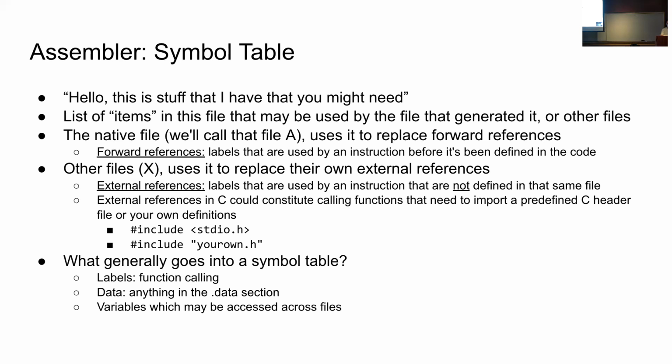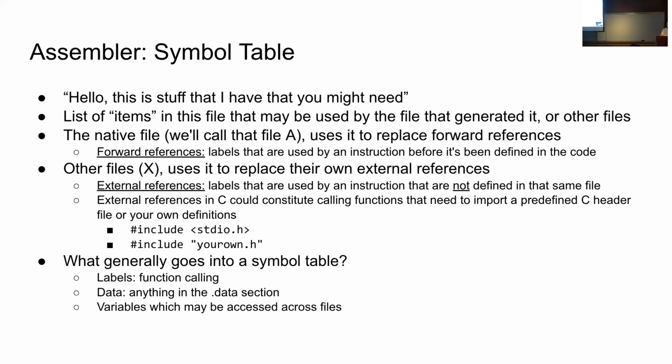As an example, let's say we have file A, the native file, and the symbol table is used to replace forward referencing, like we just mentioned. And on the flip side, let's say file X, an external file, uses the symbol table to replace its own external references. So if it referenced labels or functions in this file A, the symbol table would be used to replace those references.